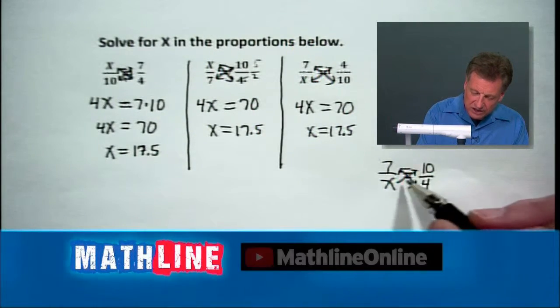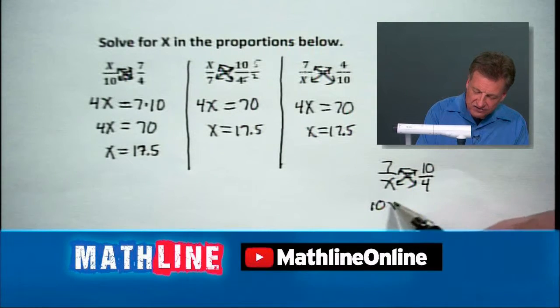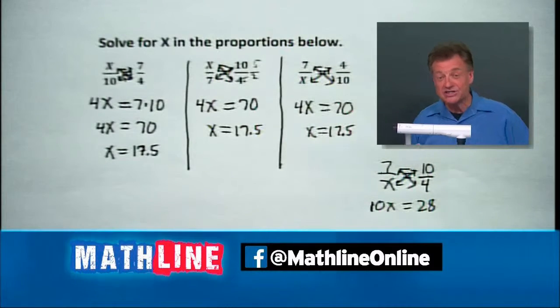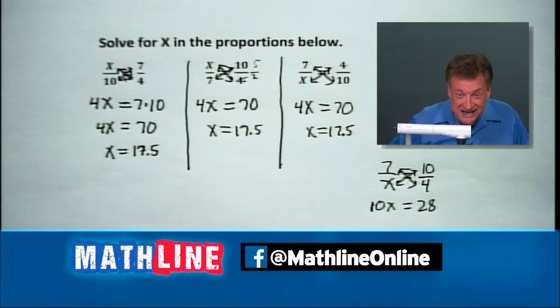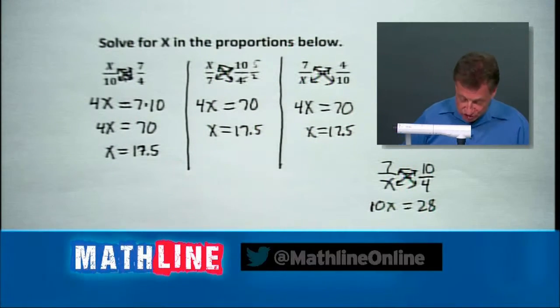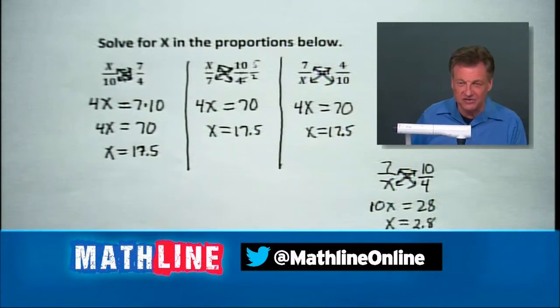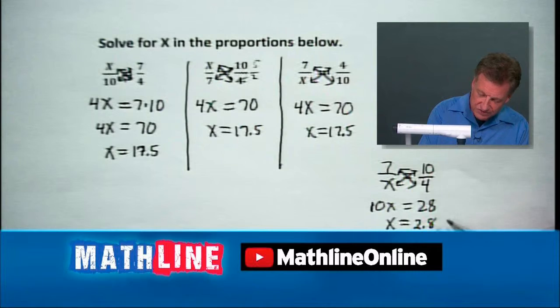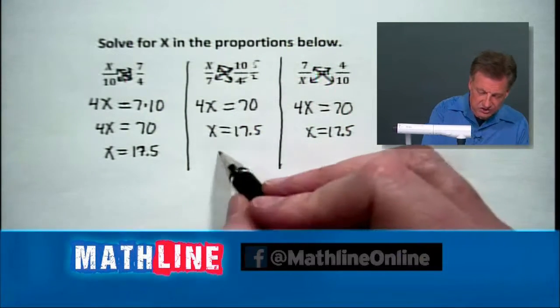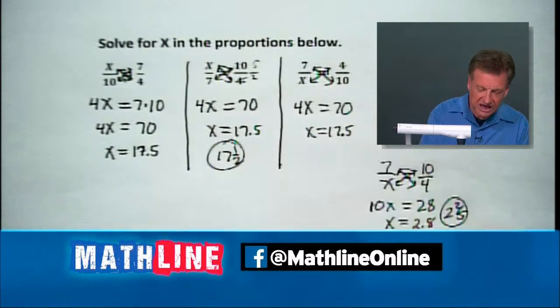There's your means working. So you got 10x equaling 28. I guarantee you are not going to get 17 and a half. Nowhere close. Divide that, you're going to have x equals 2 and 8 tenths. Or if you like the fractions, that would be 2 and 2/5. Obviously, nowhere close to 17 and 1/2.